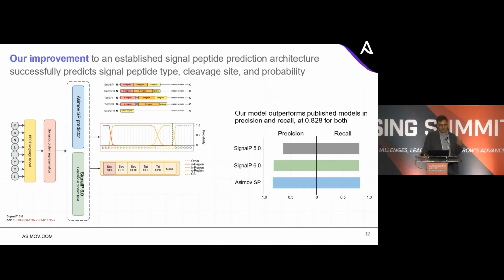And what we do is we have our own more elaborate prediction head that we add to a protein language model that is fairly common. It's called ProtBERT. That's a large language model for protein embeddings. And after we train that on public data, we're able to actually predict with a high competitive and actually exceeding the state of the art a little bit, the precision and recall of the prediction of the cleavage site and the probability of cleavage at that site.